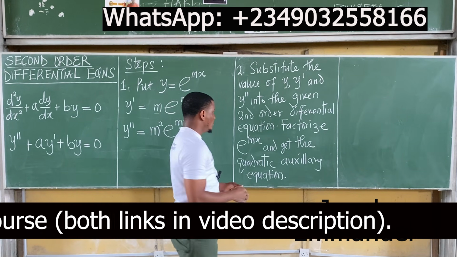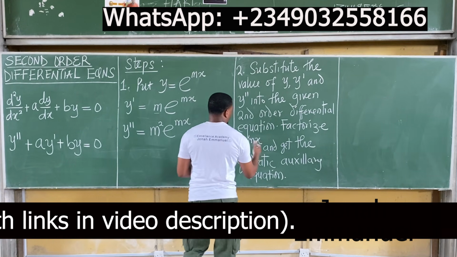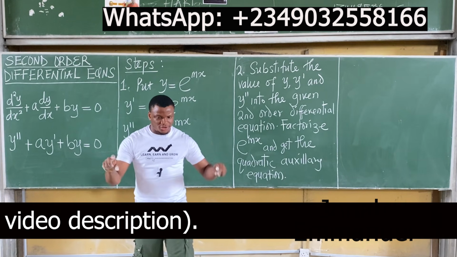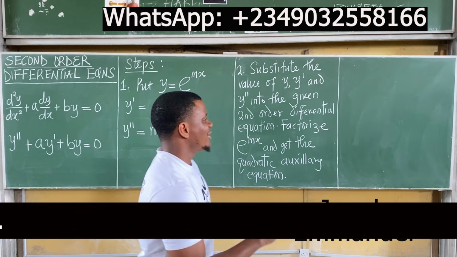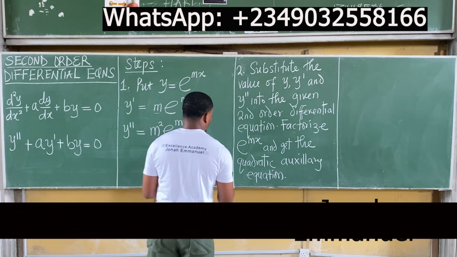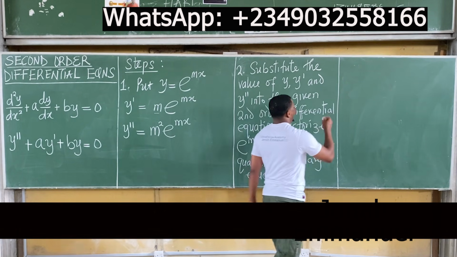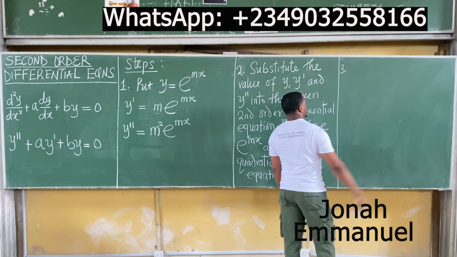So when you're done with substituting, you'd have a particular equation. If you factorize exponential mx from it, you have what is called a quadratic auxiliary equation. That's step 2. Final step, step 3.